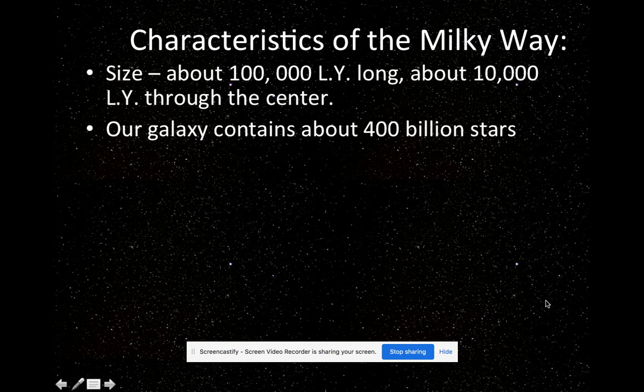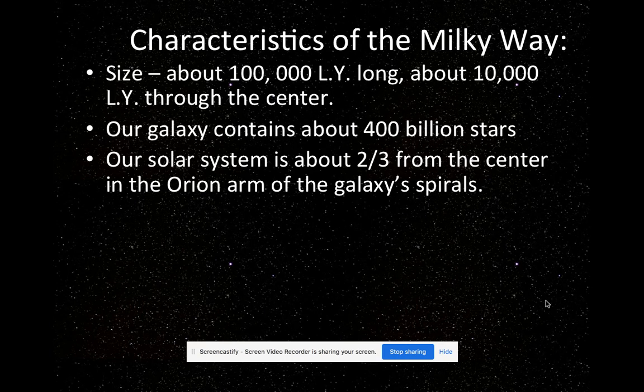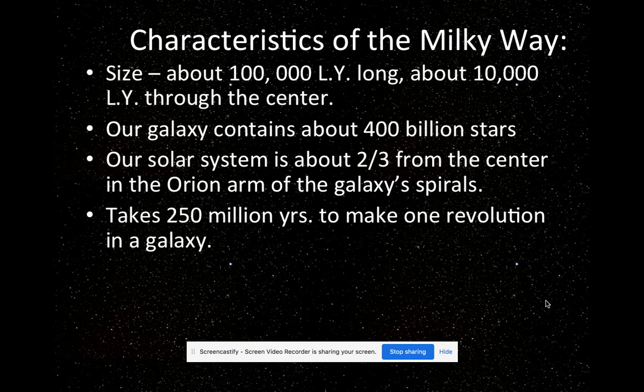Huge distance. We have an estimated 400 billion stars in our Milky Way. Our solar system is located two-thirds from the center in the Orion arm of the galaxy spirals. It takes about 250 million years to make one revolution in a galaxy.